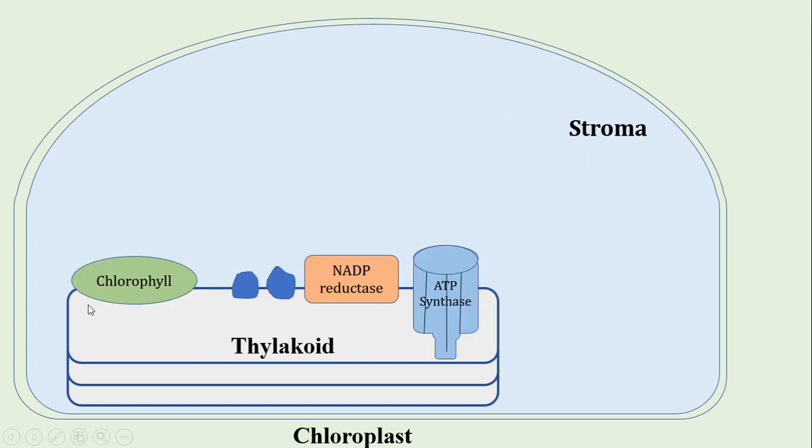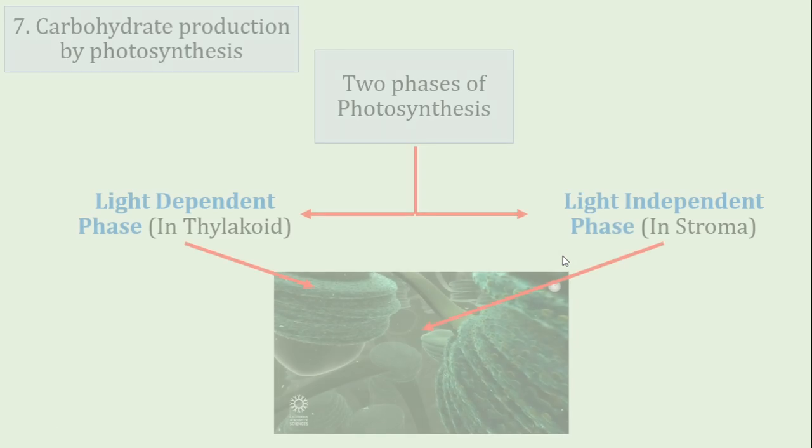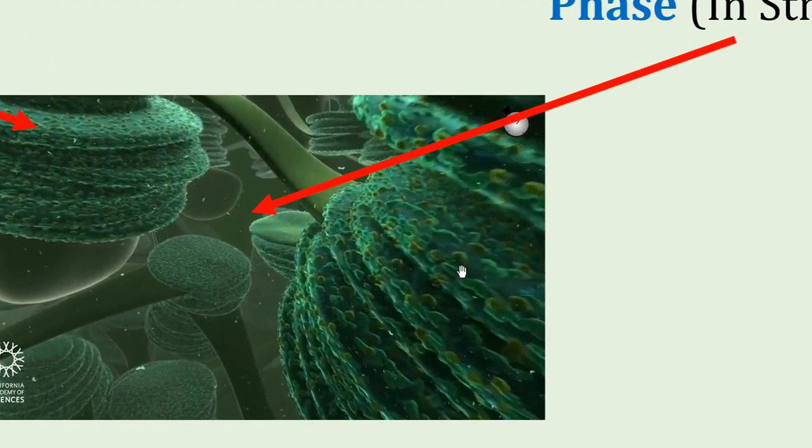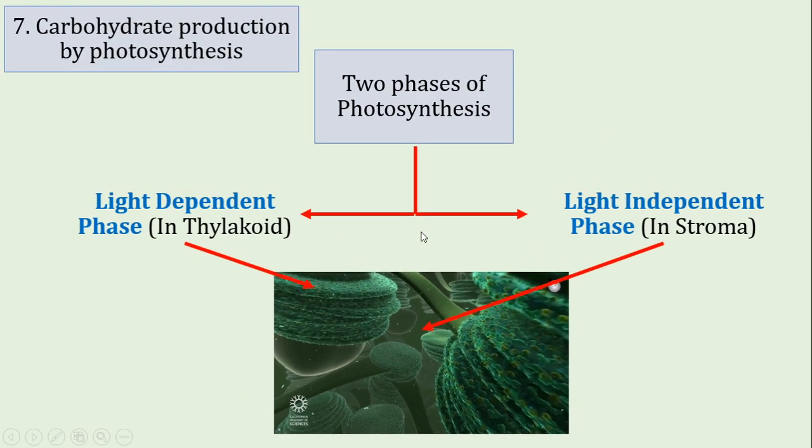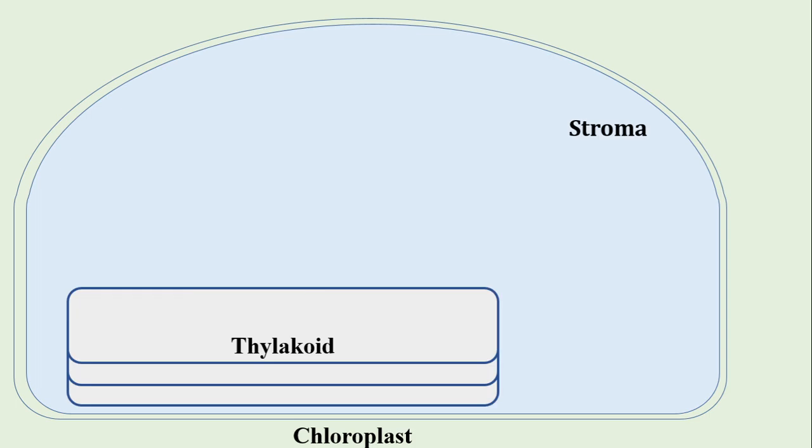In the thylakoid there are numerous molecules present on the surface, and these molecules are collectively called photosystem. As we see in the previous figure, on the membrane of thylakoid there are numerous molecules. These different molecules collectively form the photosystem.